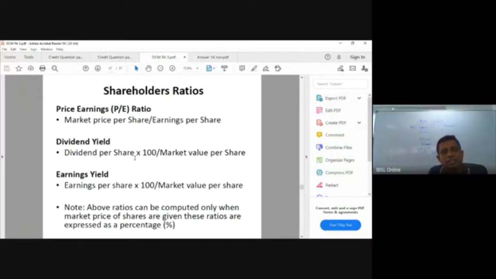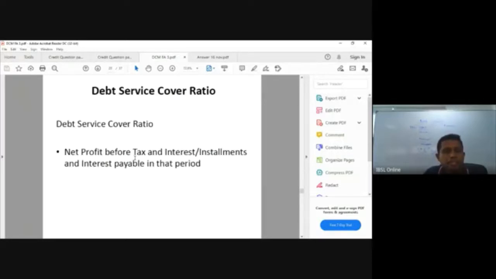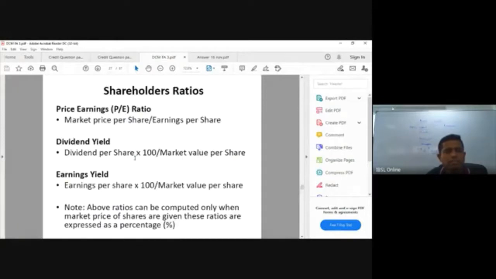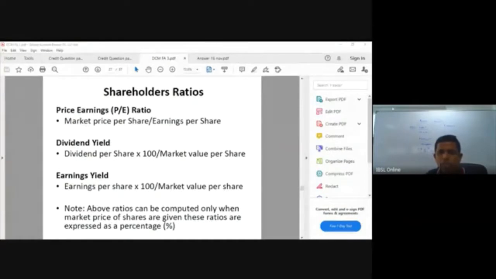Next one is here. I think dividend per share is not given, so you can write it down. I will give the formula.